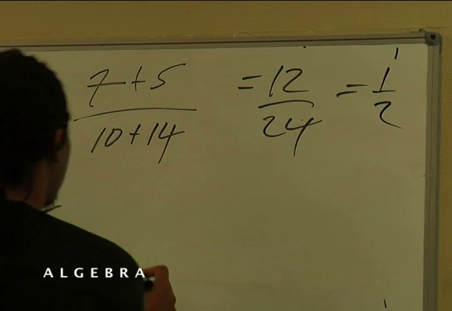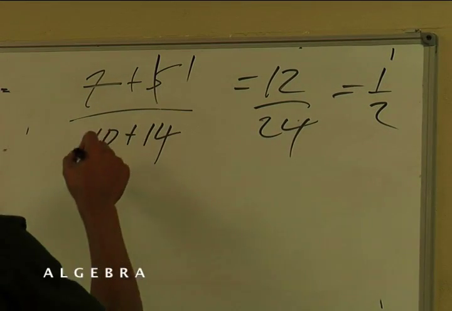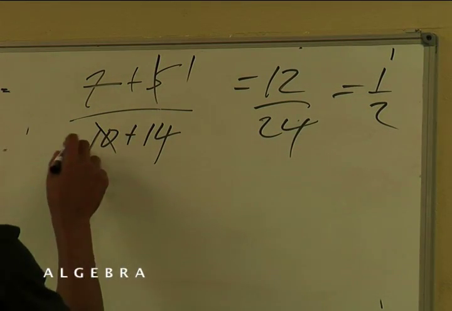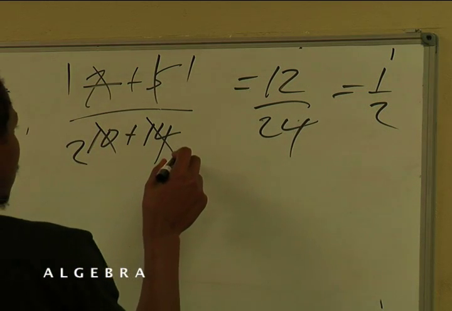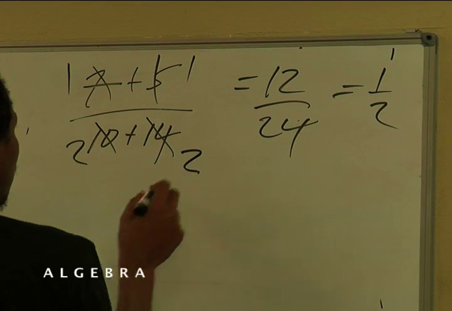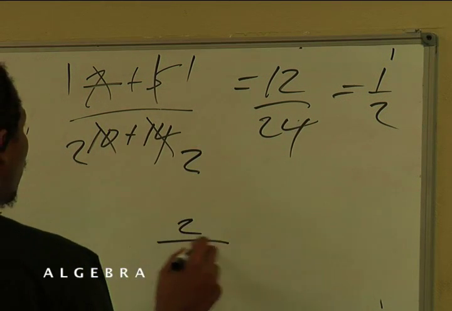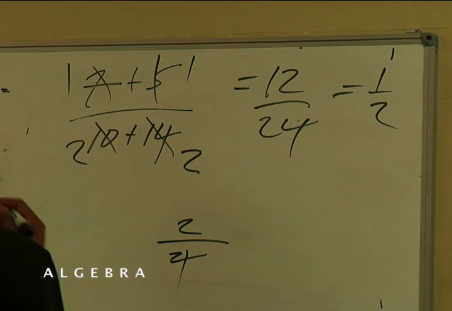Half. This into this 1 time, this into this 2 times, this into this 1 time, this into this 2 times. 1 plus 1, 2 over 2 plus 2, 4. It doesn't work out.